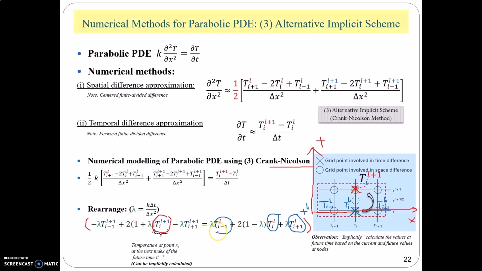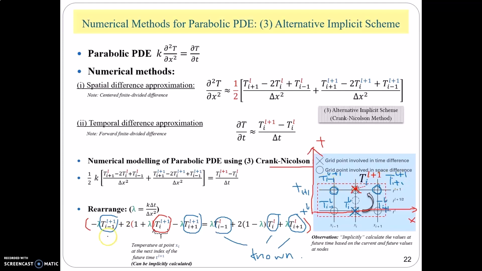where the temperature at the current time T(L) is normally known. So we know this in advance. However, in this formula, you have T(i+1) and T(i-1) at L plus 1. So at time L plus 1 here, this point is T(i-1) at L plus 1, and this point is T(i+1) at L plus 1.